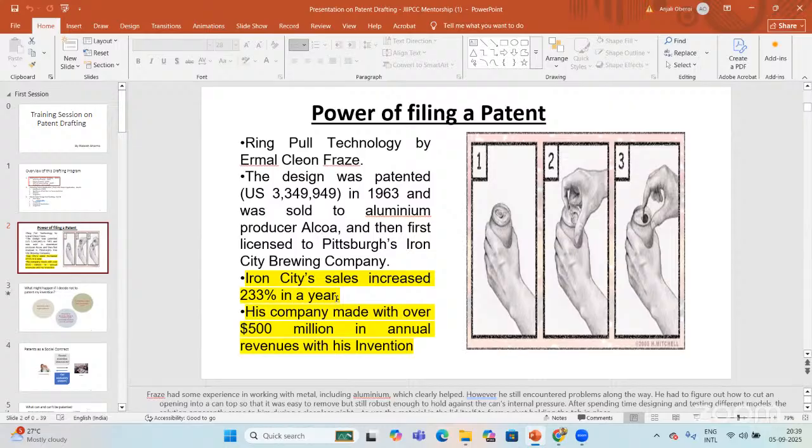And the company was able to make over 500 million in annual revenues because of only this one patented technology. These exclusive rights are how you establish your dominance in the market based on your innovation. This is the power of getting a patent.